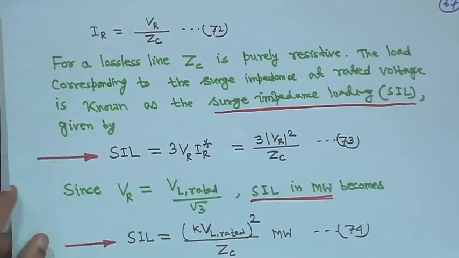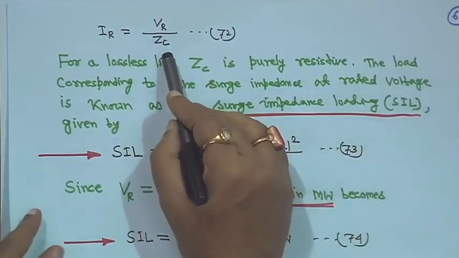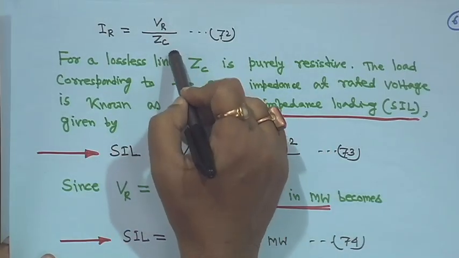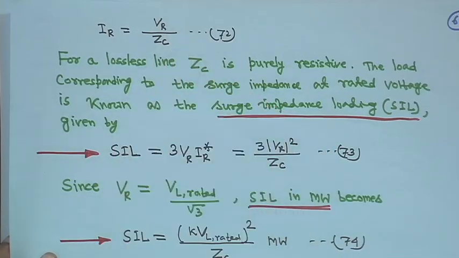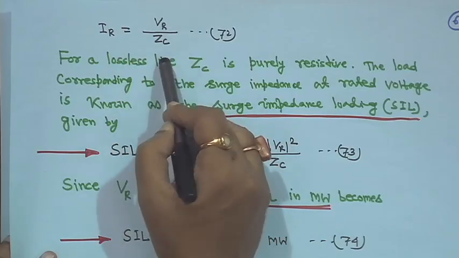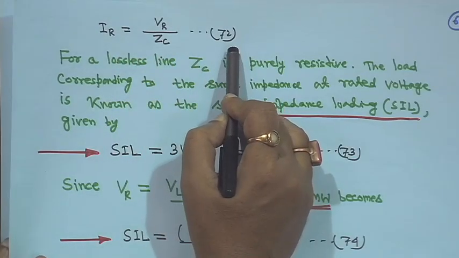That means I_R will be V_R upon Z_C. So, I_R will become V_R upon Z_C. This is equation 72.